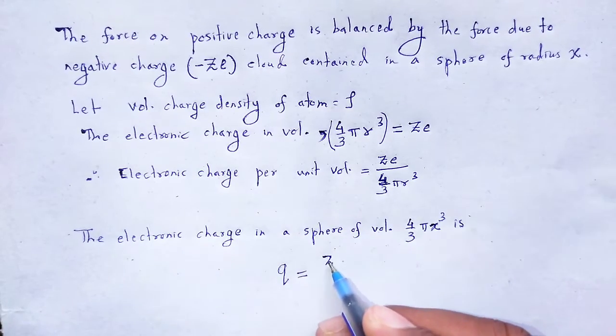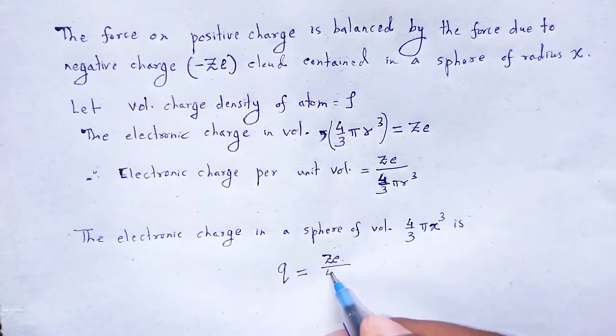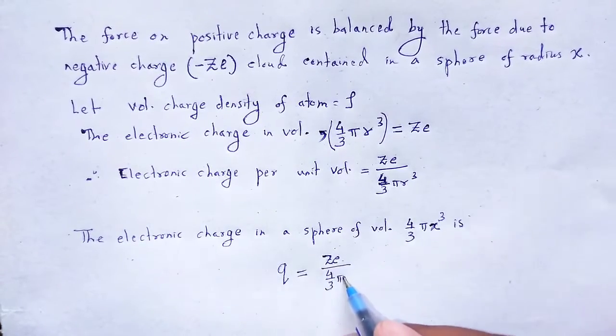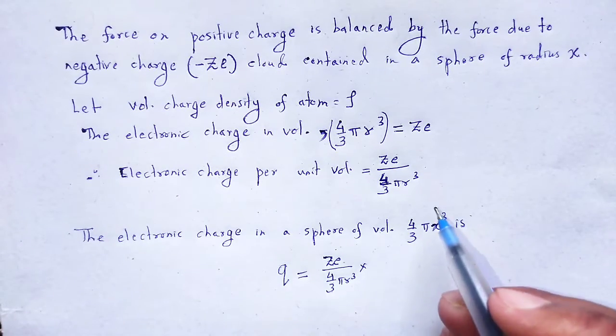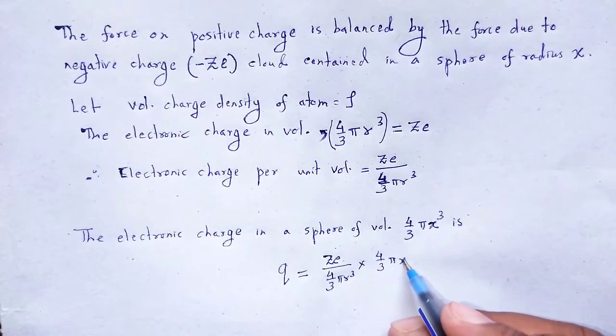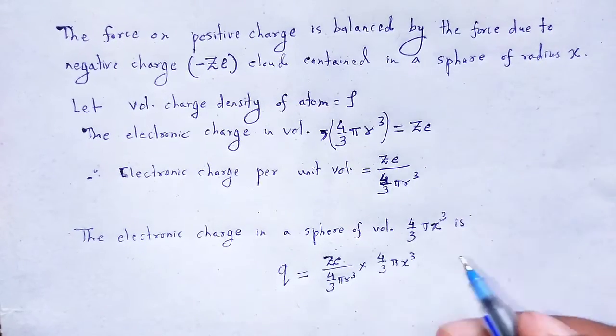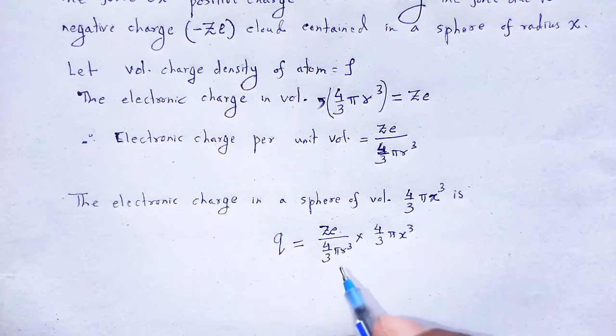It is ZE, electronic charge per unit volume, ZE divided by 4 by 3 pi r cube, into the sphere having volume 4 by 3 pi x cube. 4 by 3 pi cancelled out.